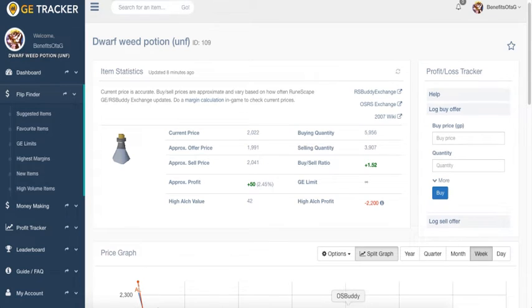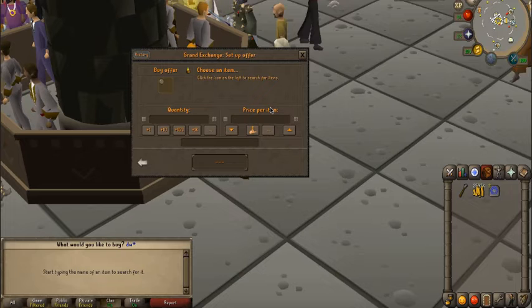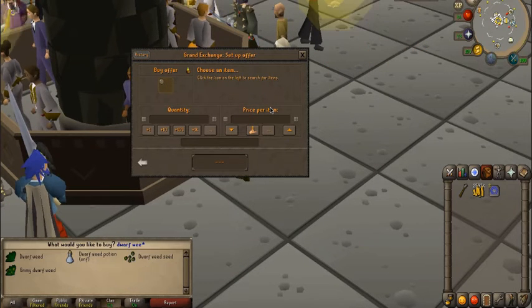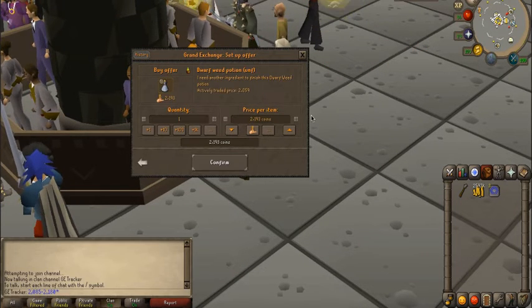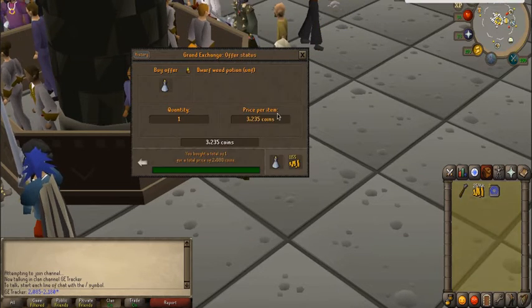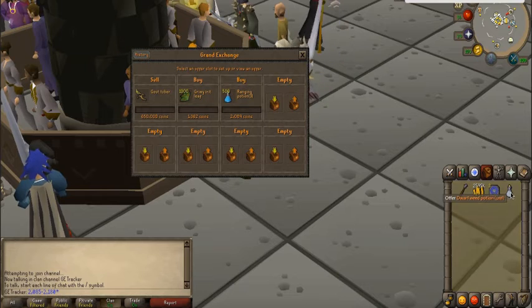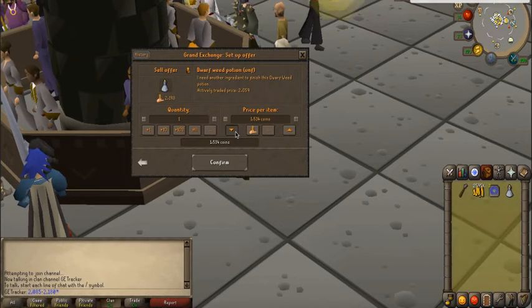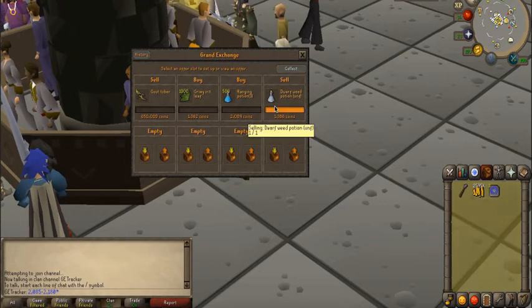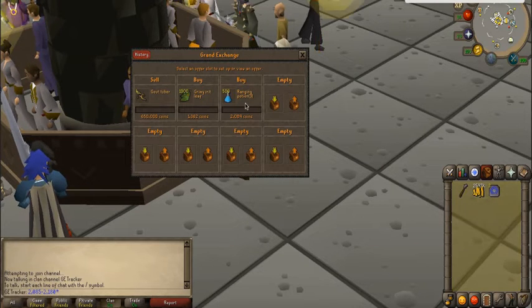Okay, so dwarf weed. Increase the price significantly and then drop it down. Okay.